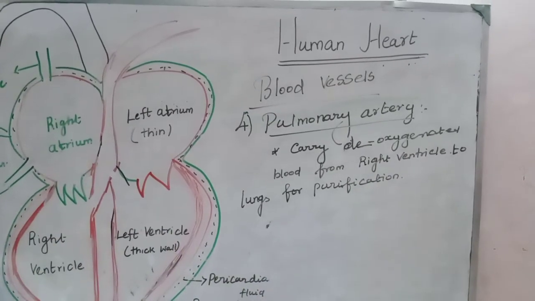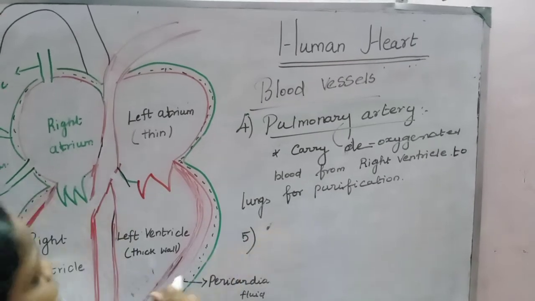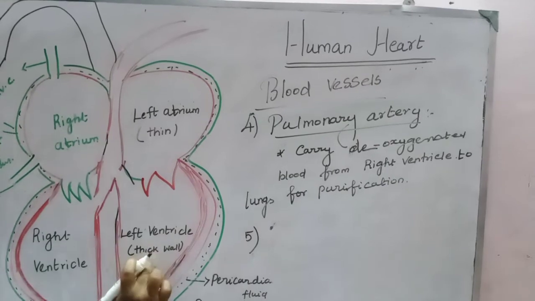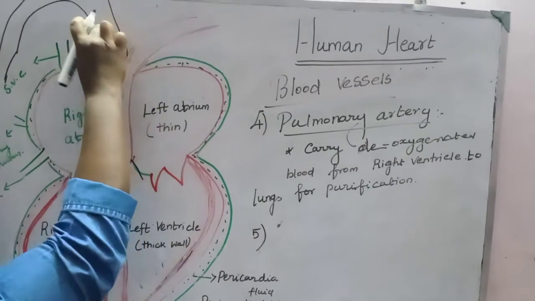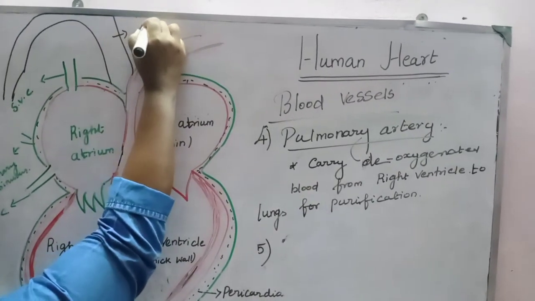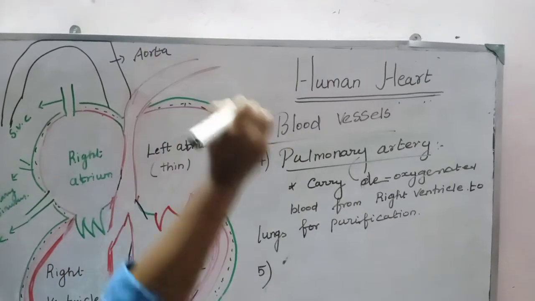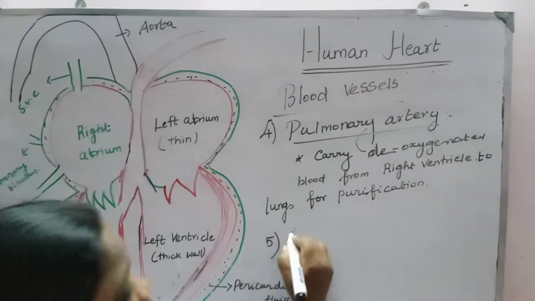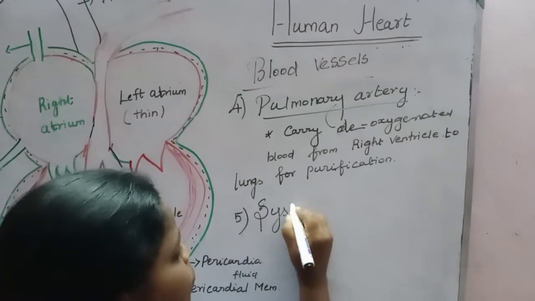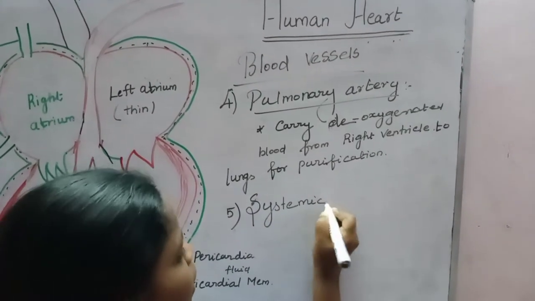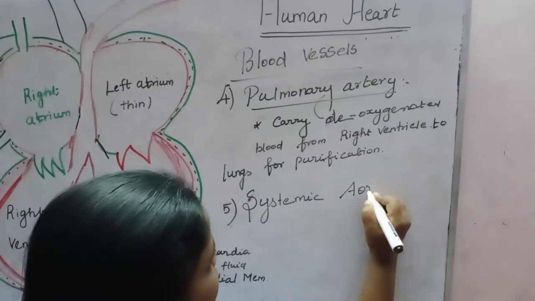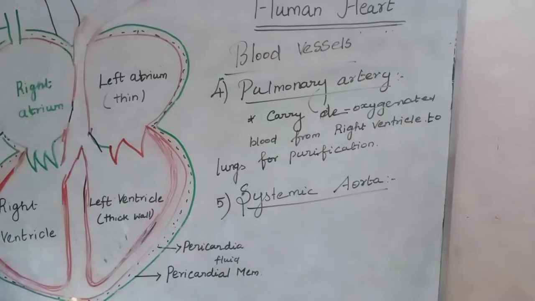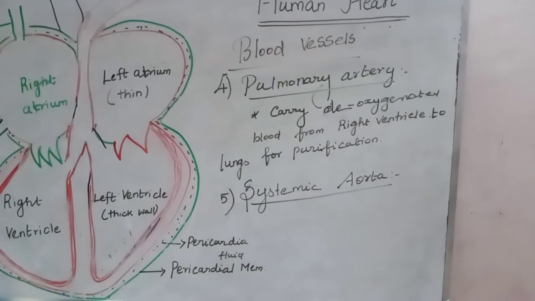Purification. The fifth blood vessel is the big blood vessel that arises from the left ventricle, that is called the aorta. Aorta is the biggest blood vessel in our body. That is called the systemic aorta. Systemic means body. It's a big blood vessel, okay?